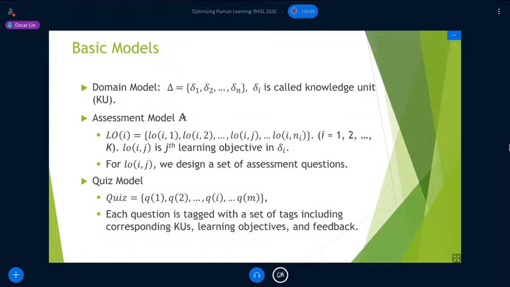For each learning objective, we design and store a set of questions. Each question is tagged with some features, including the corresponding knowledge unit, the learning objectives, and the feedback. These are the very basic models used in adaptive learning, and we use them here.